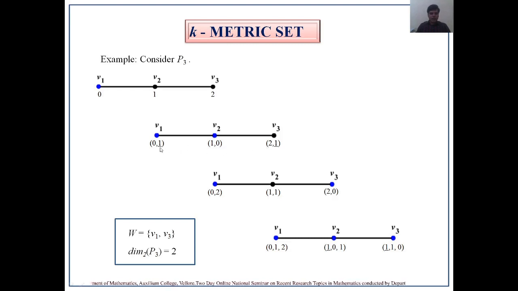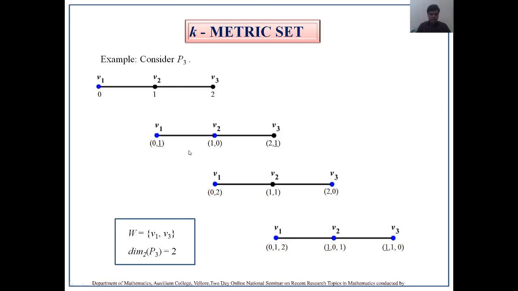The distance between this vertex and itself is 0, the distance between this vertex and V2 is 1, the distance between this vertex and V1 is 1, and itself it is 0, the distance between V3 and V1 is 2, and the distance between V3 and V2 is 1. So we have found the representation of all these three vertices.